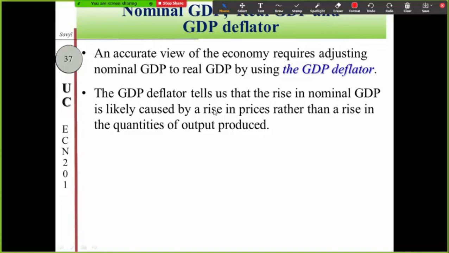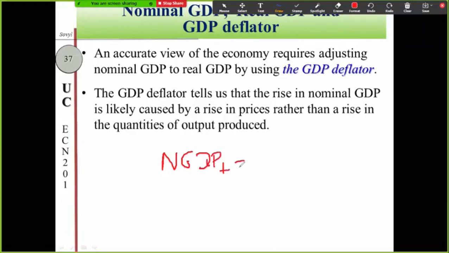Okay, because based on the formula, nominal GDP at year T comes from the total market value at year T. That's why Q is also at T, and P is also at T. When nominal GDP changes, Q changes and P also changes.